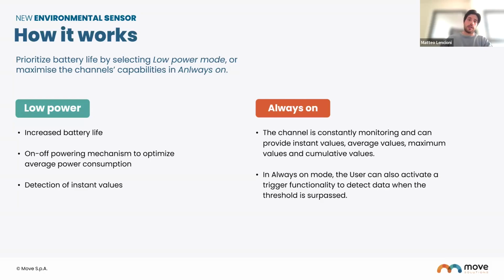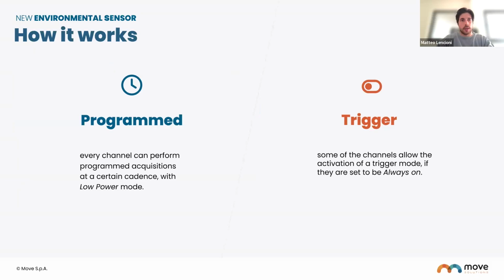Also, since in always on the sensor is constantly monitoring, you can set a threshold, and you can also activate on some of the channels a trigger mode to get an acquisition whenever that threshold is surpassed.